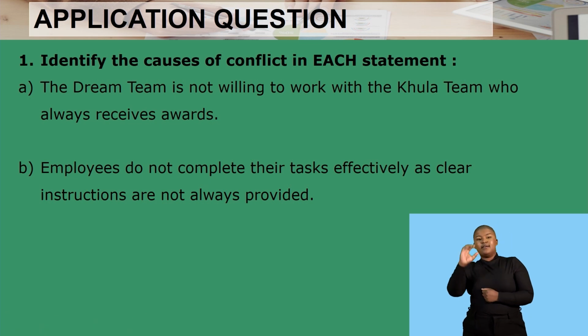The dream team is not willing to work with the cooler team, who always receives awards. In a business that is focused on having more profit and achieving the vision and mission of the organization, you have to be sensing conflict. This conflict is created by the idea that there's one team that always receives awards.